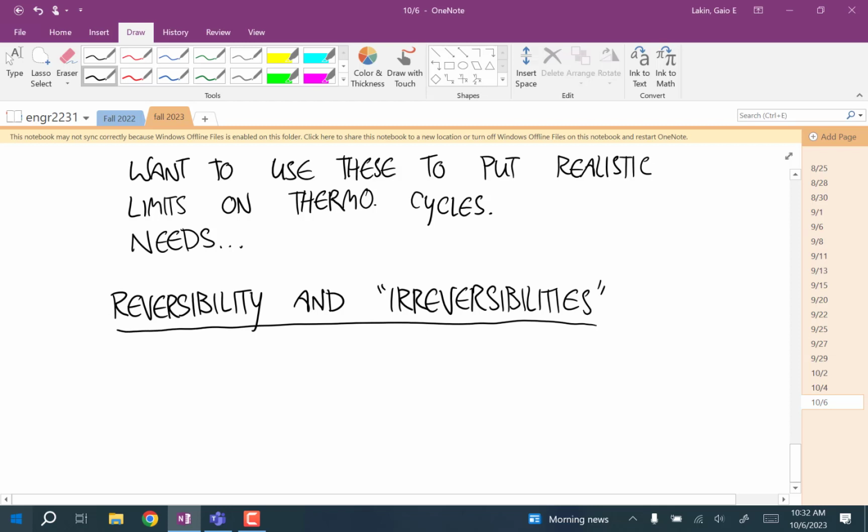You can think of irreversibilities as basically the thermodynamic equivalent of friction. Okay, it's energy loss that you can't get back.